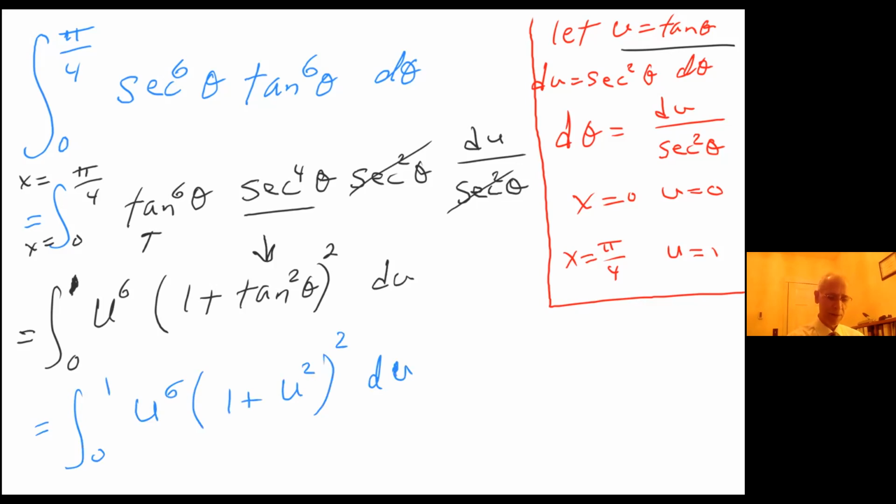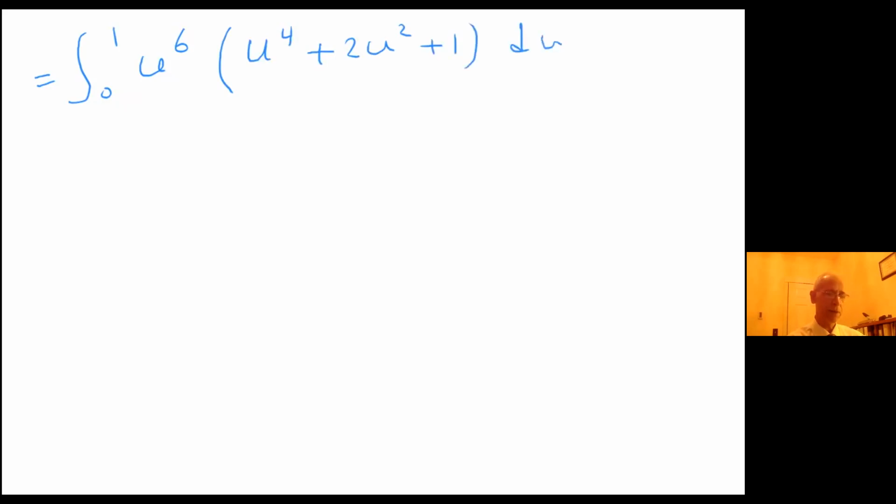Okay, looks good. So first, let me expand this. Going to the next page, I'm going to have this from 0 to 1. I had a u to the 6th, but then I had 1 plus u squared, quantity squared, which becomes u to the 4th plus 2u squared plus 1, expanding that, du.